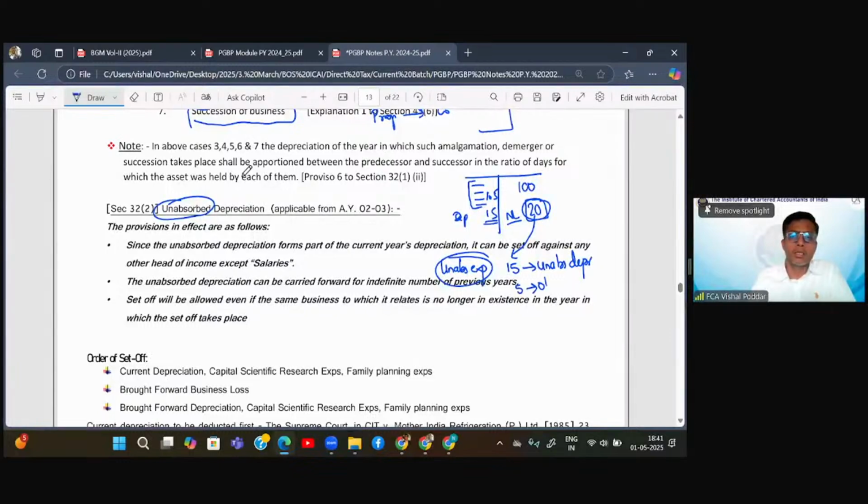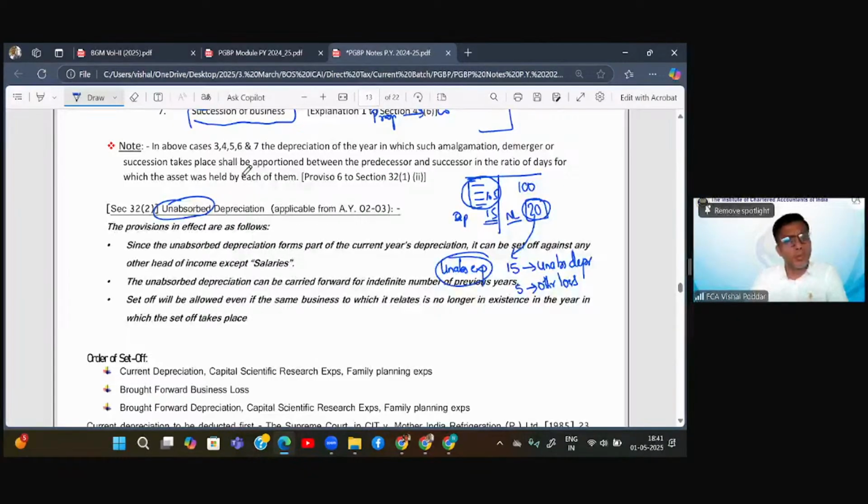And 5 is my other business loss. Other business loss means loss because of my other expenses like purchases, wages, rent, etc. So where there is a loss, they say treat the loss in 2 parts: loss because of depreciation and loss because of other expenses.